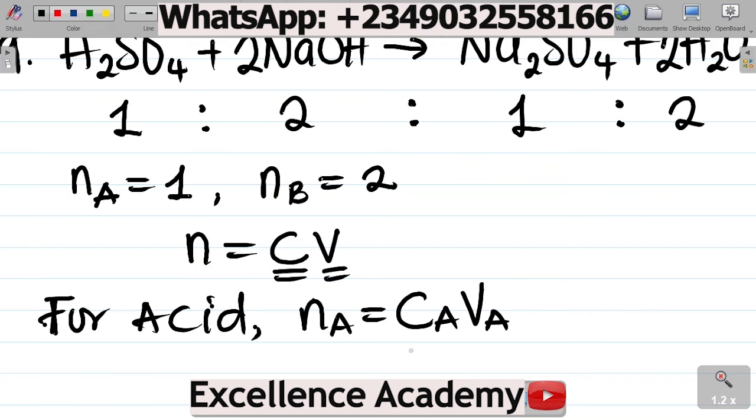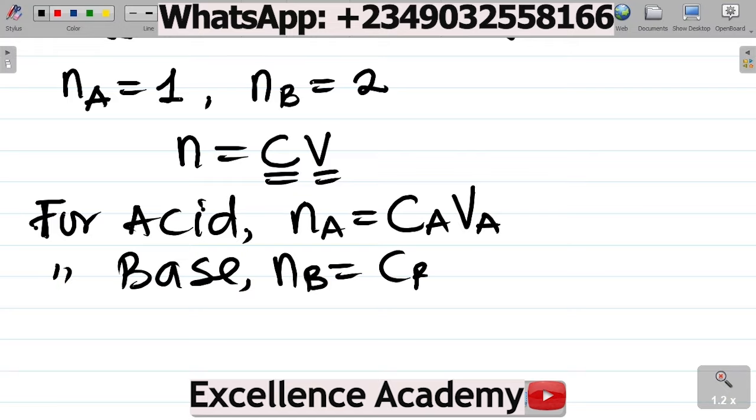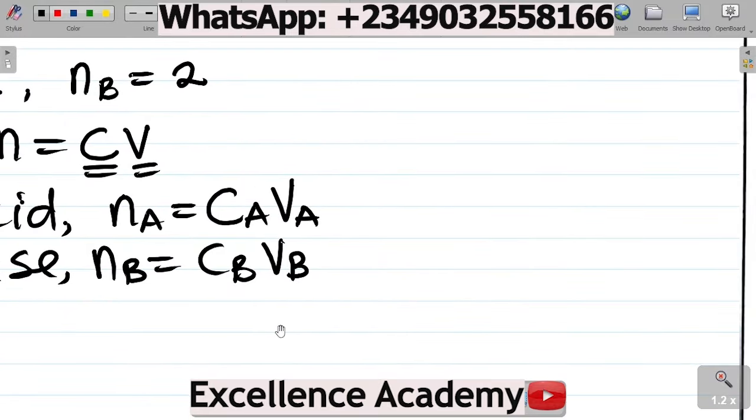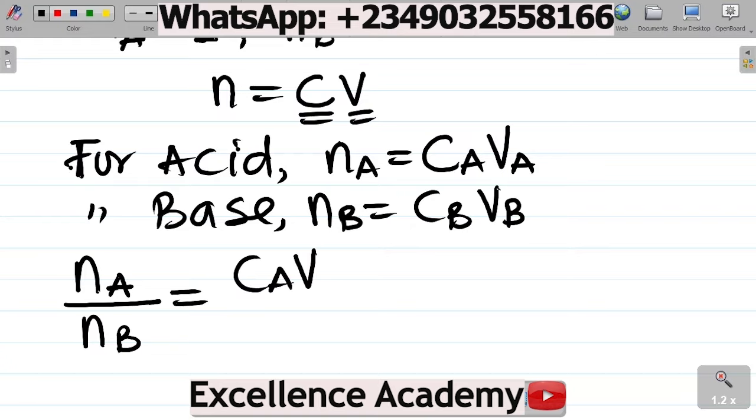For base, N of base is equal to C of base times V of base. To solve this question, we need the ratio of the number of moles of acid over the number of moles of base. That's equal to CaVa all over CbVb.